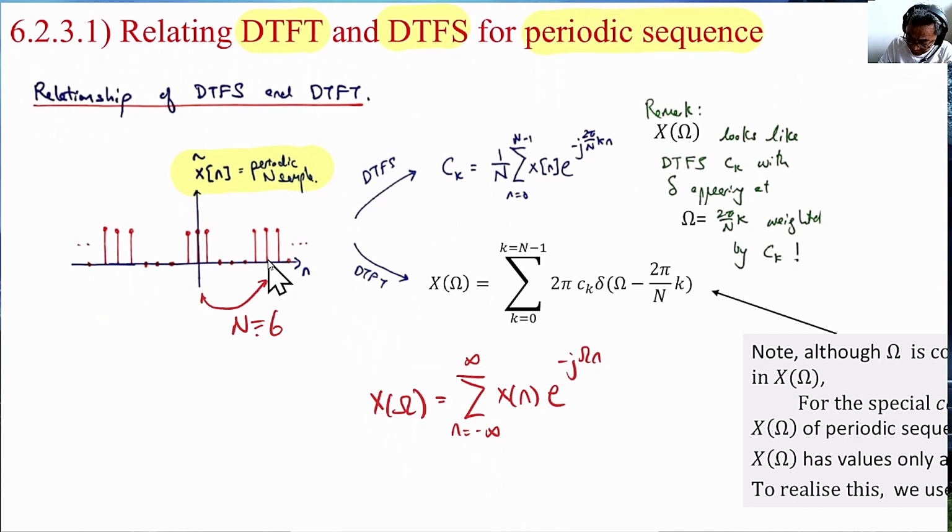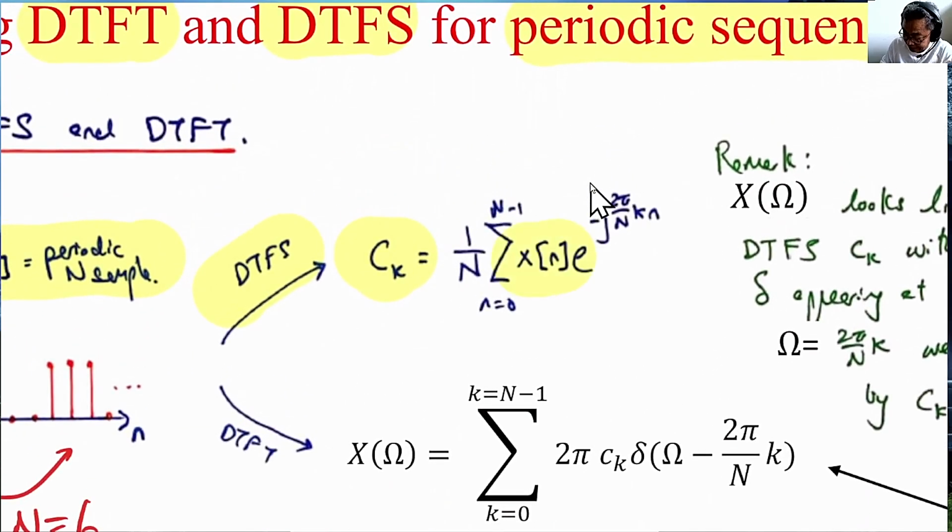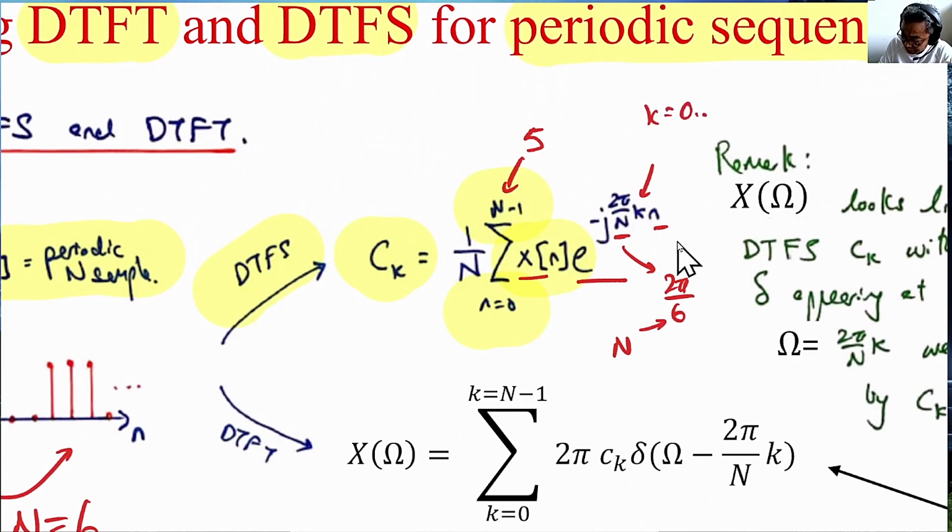In this example, it is clearly N equals 6. The DTFS equation says that to find the frequency representation of this N-periodic sequence, we take the sequence x[n], take the single period, from n equals 0 to 5 for these samples, and we multiply by this complex exponential with fundamental frequency 2 pi divided by 6, where this 6 is the capital N. We take this complex exponential with this fundamental period 6, and then allow different harmonics from k equals 0 to N minus 1.